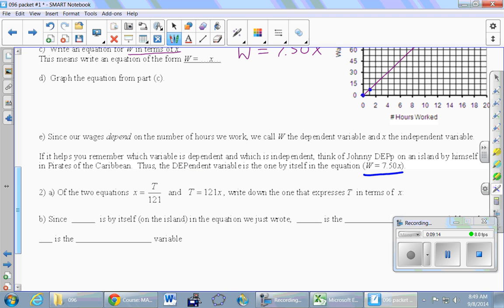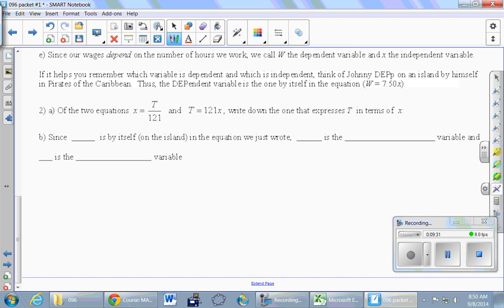So in this equation, which letter is by itself? It's the W, and so I'm imagining that letter right there is like Johnny Depp by himself on an island. Depp, dependent. I don't know if it helps, it's kind of silly, but W is the dependent variable because it's by itself. Moving to number 2, we will come up here to Lydia.